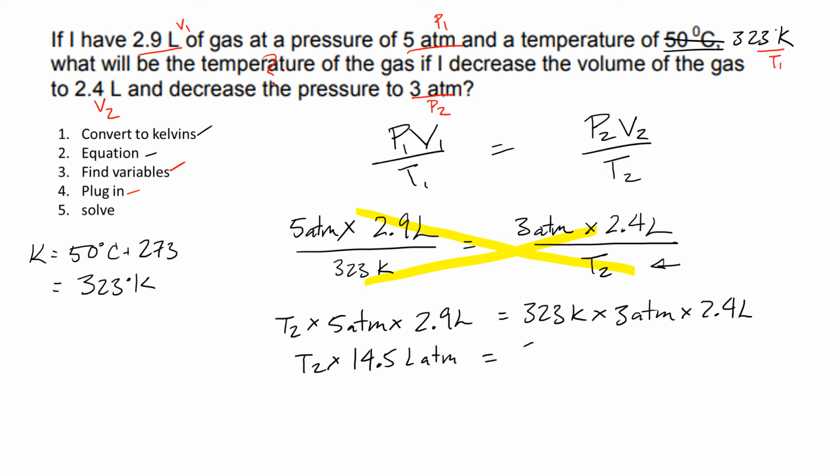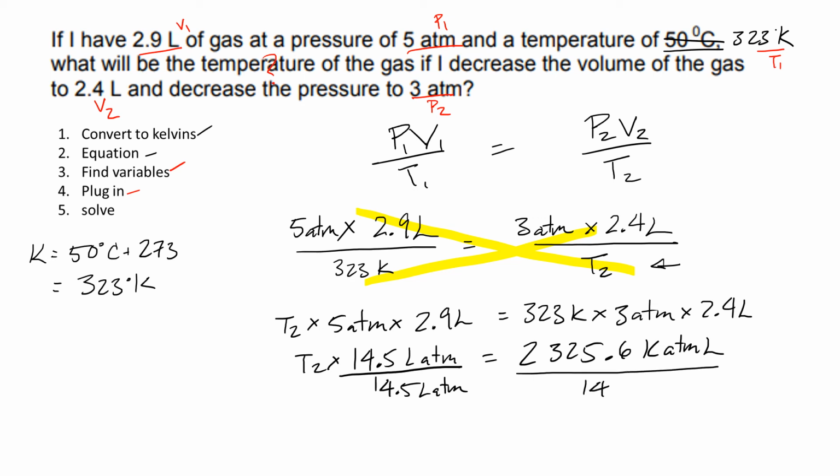I got 2,325.6 K atm L. Divide both sides by 14.5 liter atmospheres. Atmospheres cancel, liters cancel. The only unit left is kelvins. And if you do this math, divided by 14.5, you get 160 kelvins.